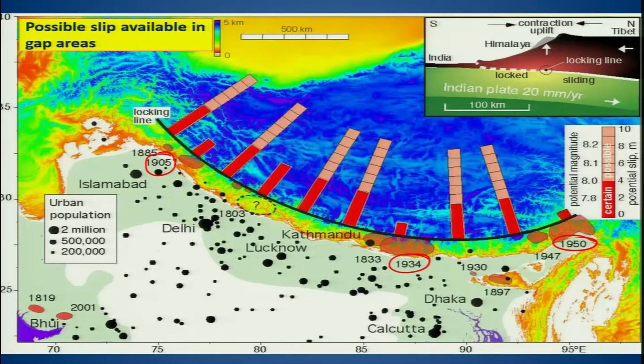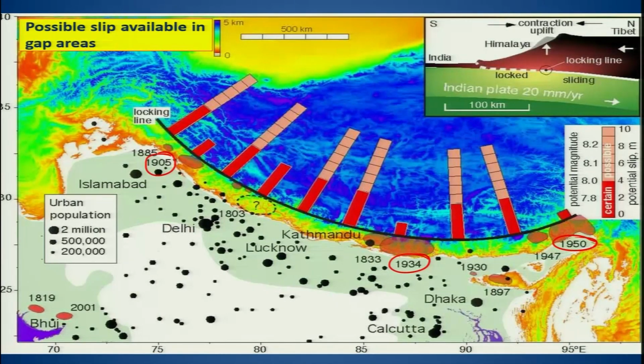They were all large magnitude earthquakes, and they were responsible for releasing the slip which was available along the Himalayan front. Mostly it was suggested that all three earthquakes had their slip along the frontal part.